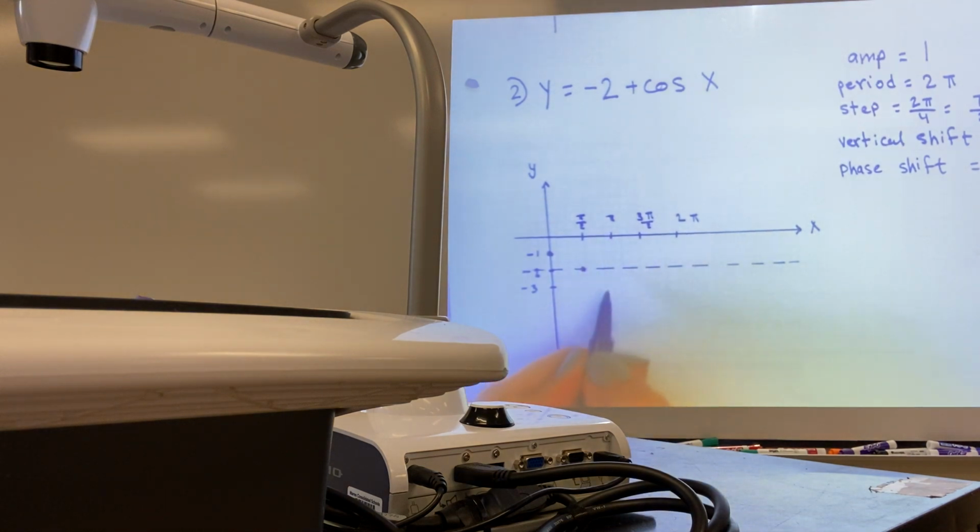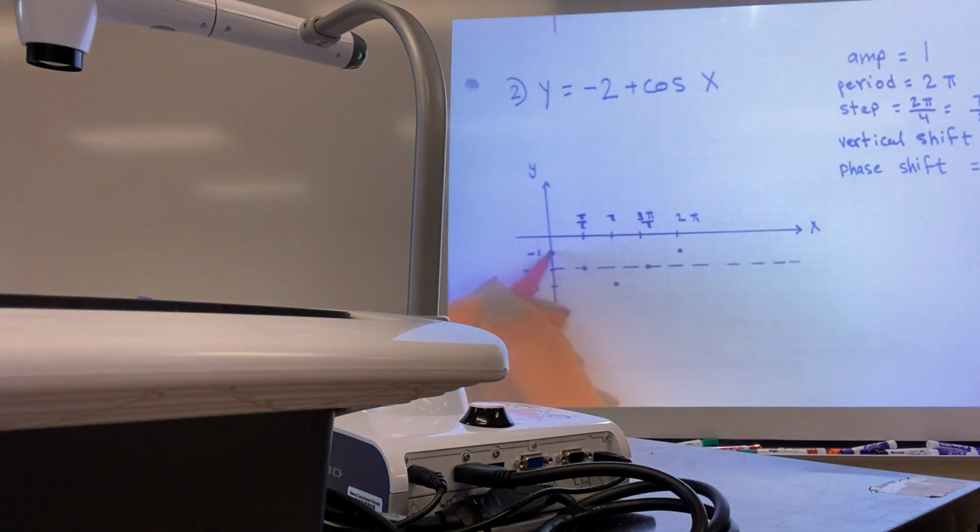For pi, it will be down to -3. And when x is 3 pi over 2, cosine will be -2. And when x is 2 pi, cosine will be -1. Okay? Connect these points to have the graph.